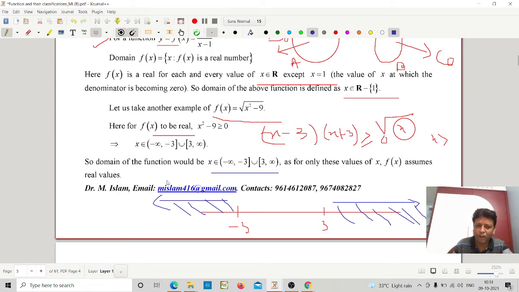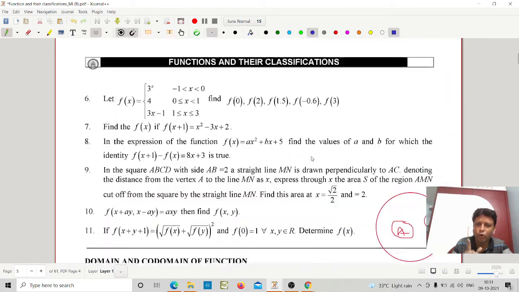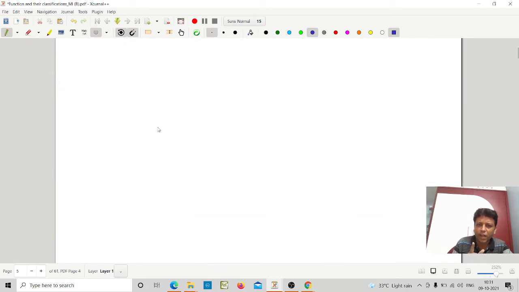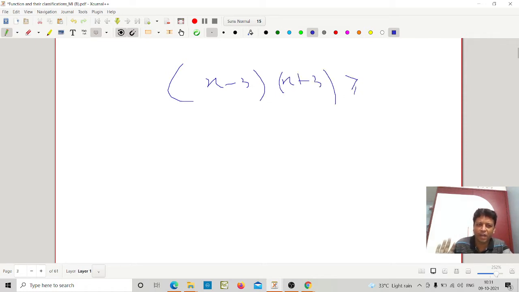So the domain of the function would be x belongs to this if there is a greater than or equal to symbol. Let me explain this more. Suppose you have x minus 3 and x plus 3. Why there is a left and a right, I will explain.